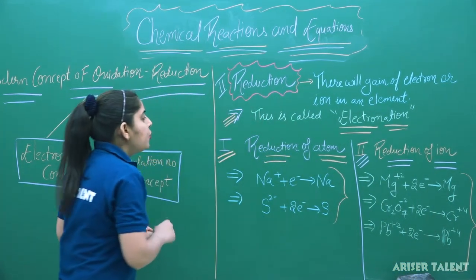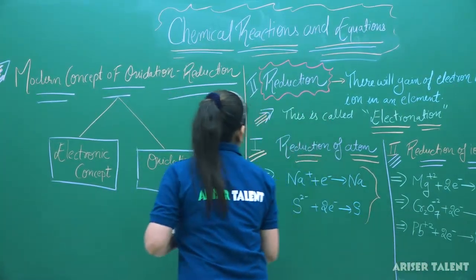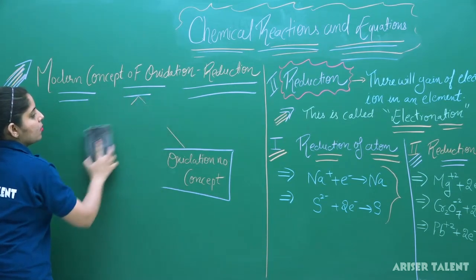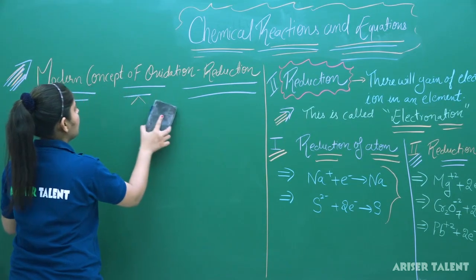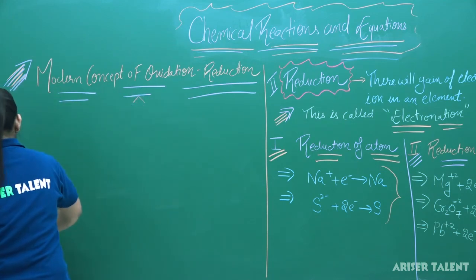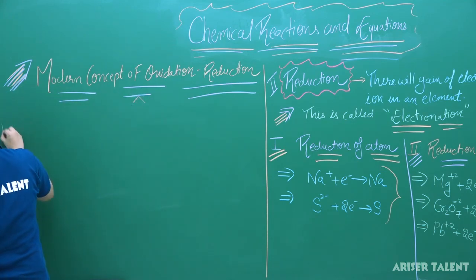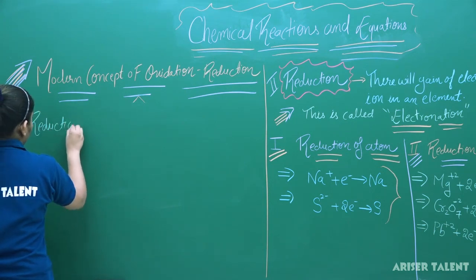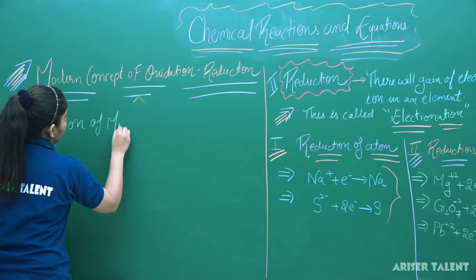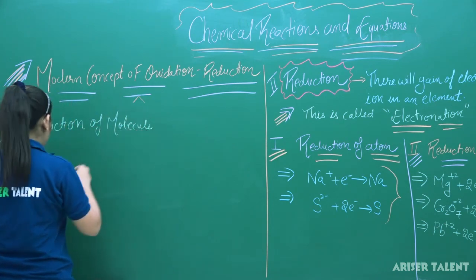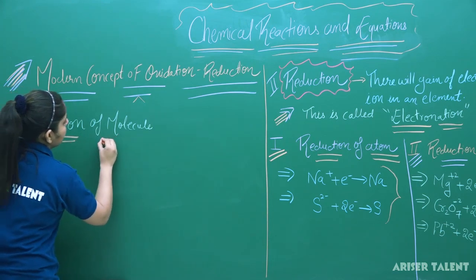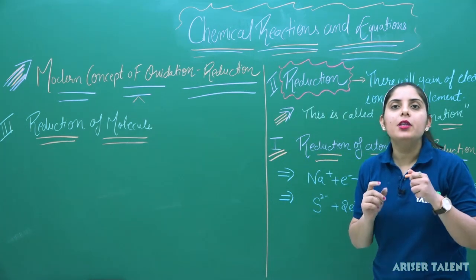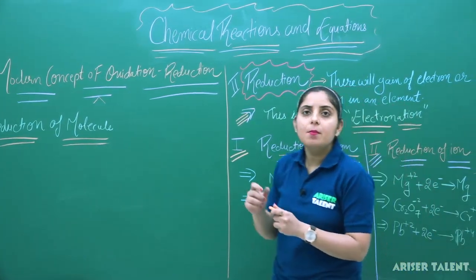Now we are left with only one category, that is reduction of molecule. So our third category is reduction of molecule. If we consider the reduction of a molecule, we have only one example in this case, that of manganese oxide.